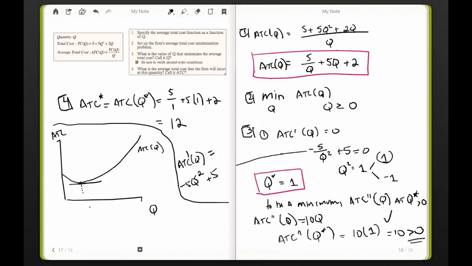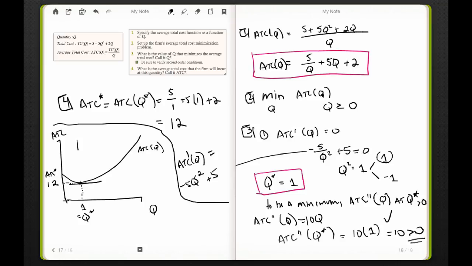So this was that Q star is equal to 1. And then we evaluated this function at 1 to find what ATC was, and we came up with 12. So this was that ATC star.